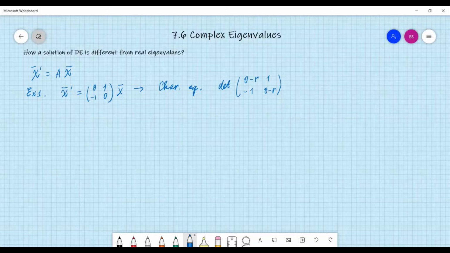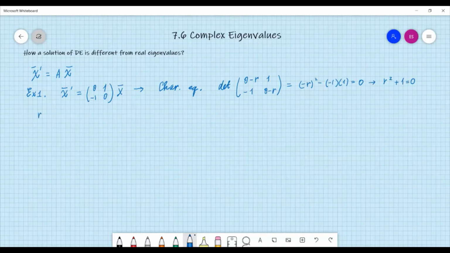So we take the determinant of this matrix, and we find that it's minus r squared minus (-1 times 1), which is equal to 0, which is actually going to give us r squared plus 1, which is going to produce two complex eigenvalues.